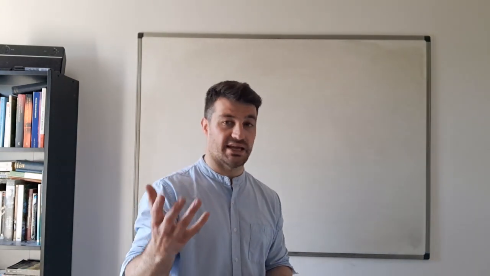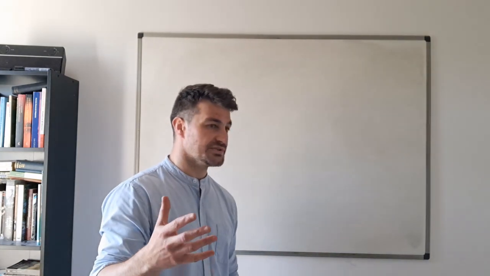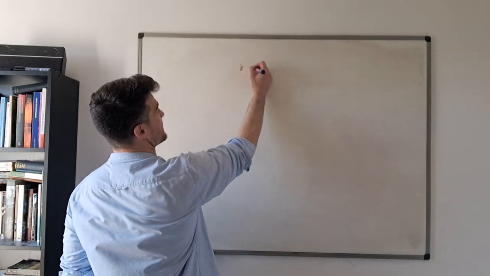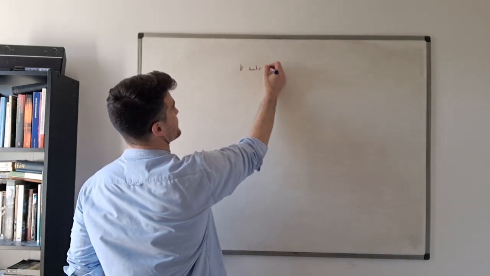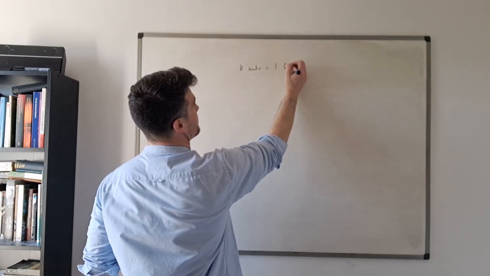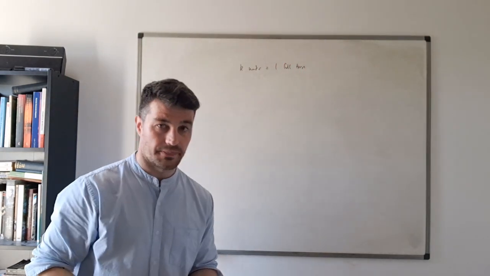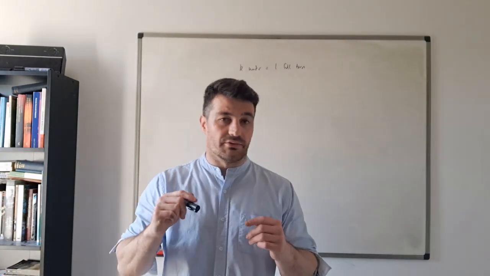In the case of gradians, who uses gradians, k is going to be equal to 400. So k could potentially be anything. Let's say k units is equal to 1 full turn.